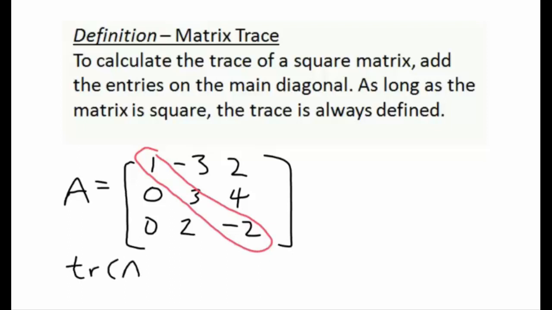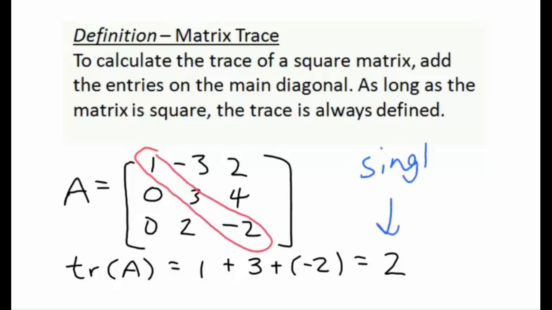So TR means the trace, and the trace of A is defined to be the sum of the three entries on the main diagonal. Okay, so in our case we're going to get 4 minus 2 for a value of 2. The trace is always going to be a single numerical value. The trace will never be a matrix.